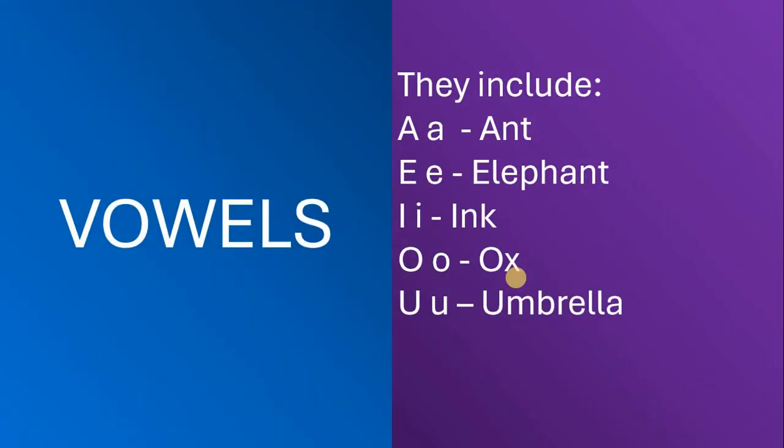We have vowels, there are 5 of them. So we have number 1, which is a. You heard my voice, my mouth is open, and then I say a. And that is found in a word like ant. Then we have e, found in a word like elephant.